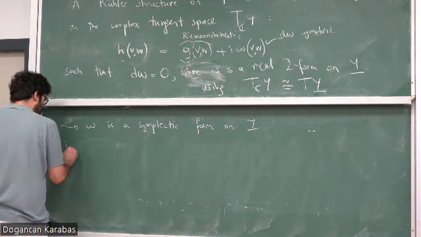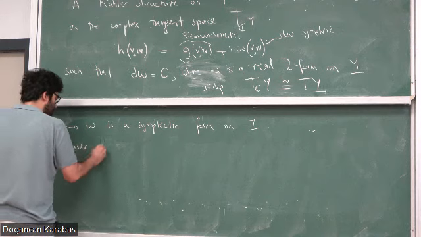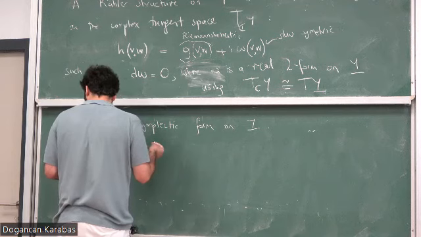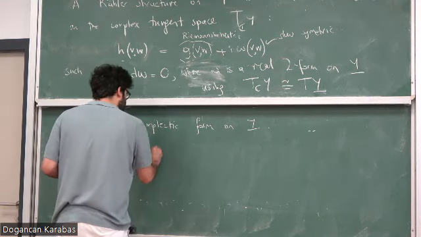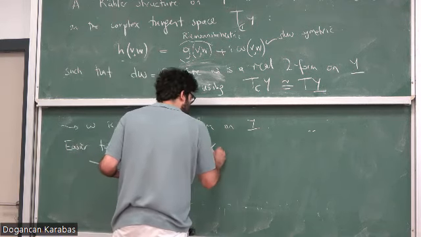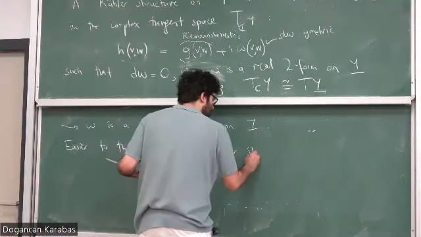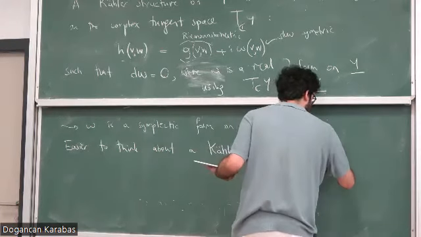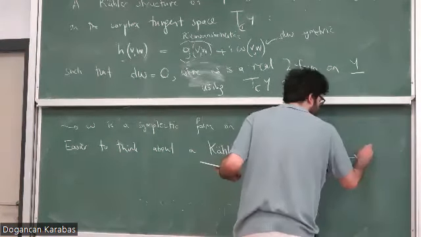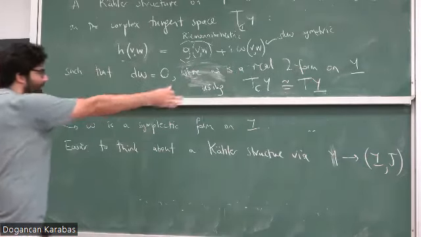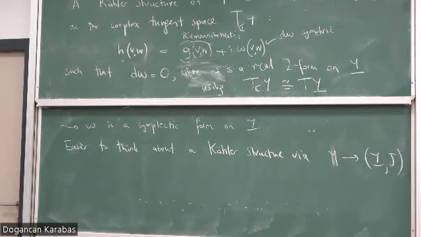So it's easier to think about a Kähler structure via J to J underline, G. You notice I already had to make contact with this underlying smooth manifold.